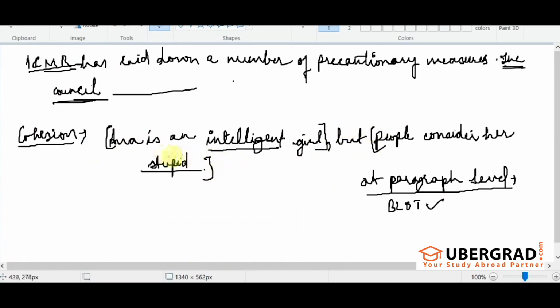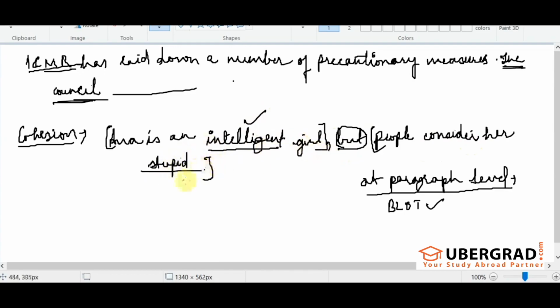Okay. So the first part over here says Anna is an intelligent girl. Then the second part should contradict each other. Why it should contradict? Because we have used but over here. So if the first part says Anna is an intelligent girl, the second part should contradict it. People consider her something which is opposite of intelligent, which is stupid in this case.